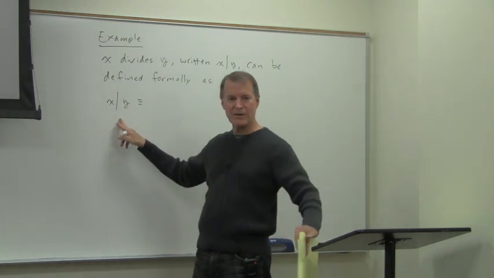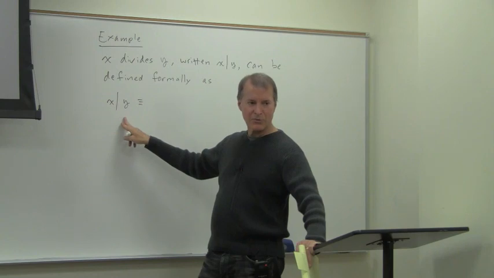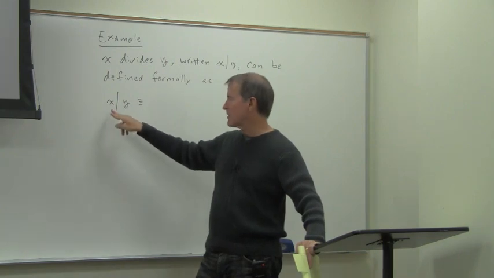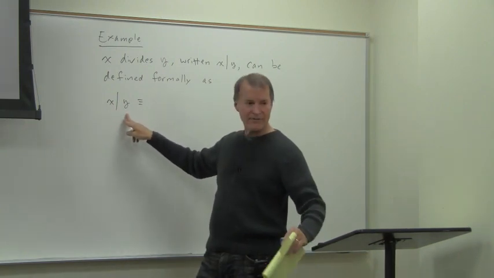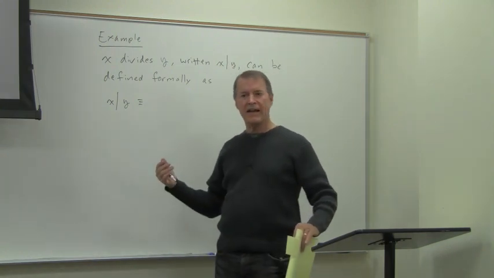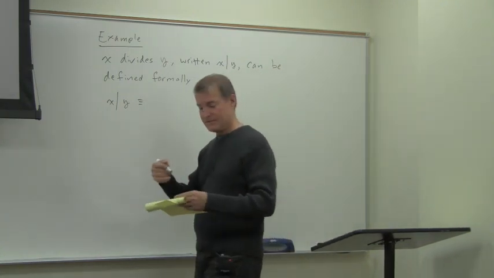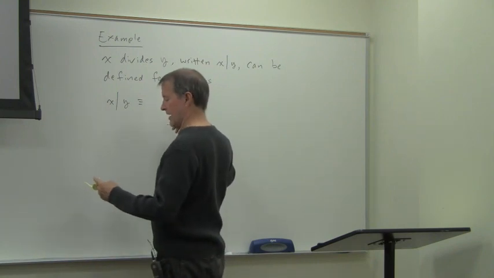Do you see what I'm saying? 6 divides 24 evenly with no remainder. So it's kind of the flip side of multiple of. Is it there exists or is it for all? There exists. Okay, so we're going to write it like this.